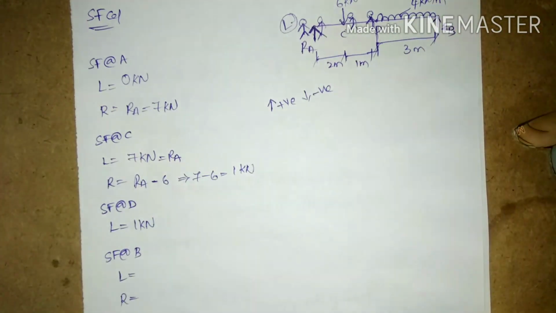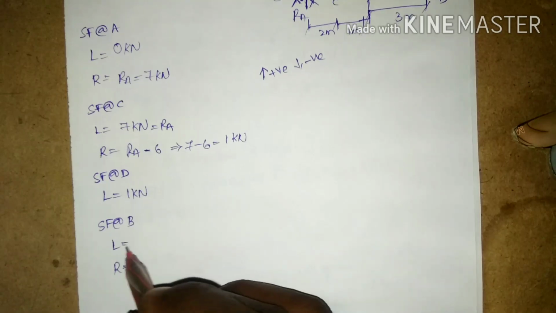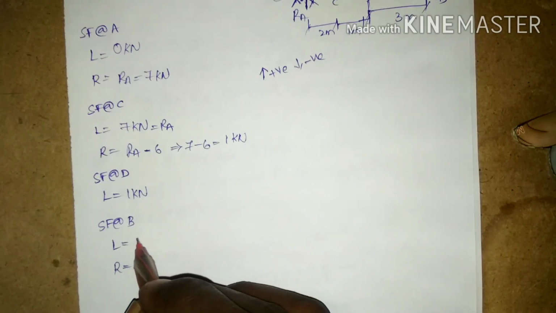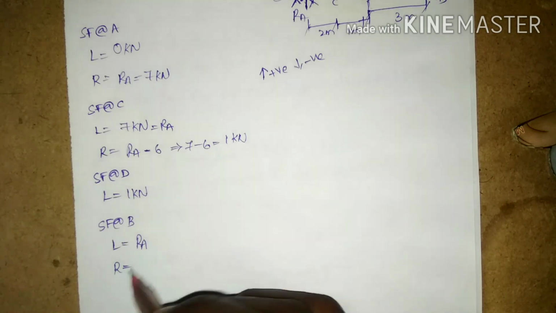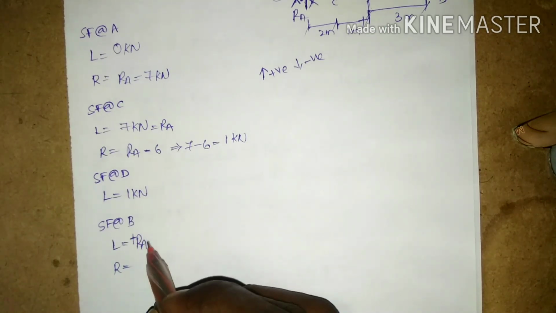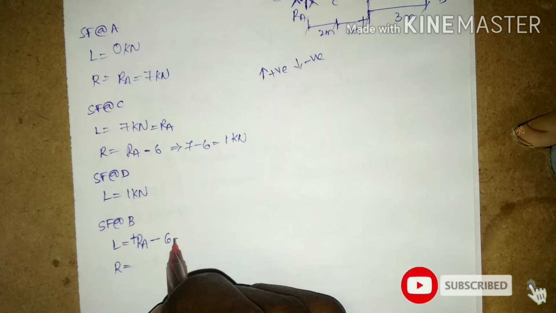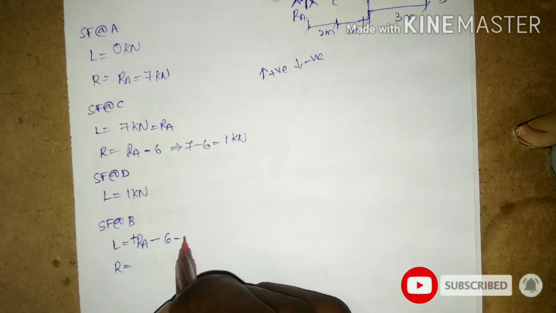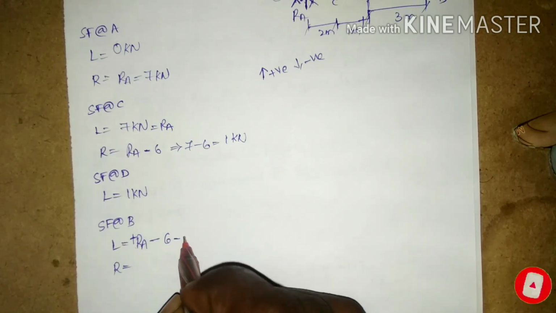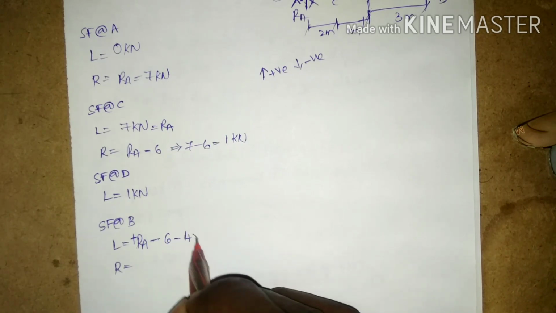So I am going to take the left of the B. Standing at the left of the B and looking toward the left side, I am going to find RA. From A I calculate RA in the upward direction, so positive, minus 6 because downward is negative and it is a point load, minus the UDL which is converted into a point load, 4 into 3.